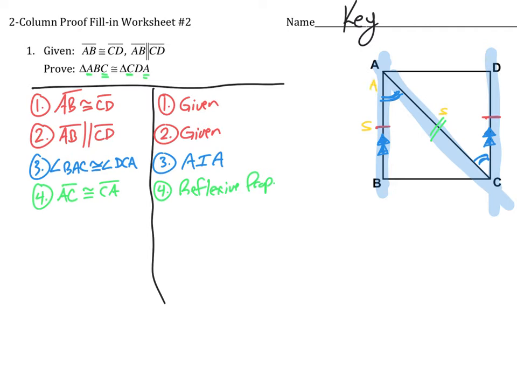And here I have a side, angle, and side. So then I can state in step 5, triangle ABC is congruent to triangle CDA, and my fifth reason is SAS, and don't forget to state your statements. So statements 1, 3, and 4 are the reason for SAS.